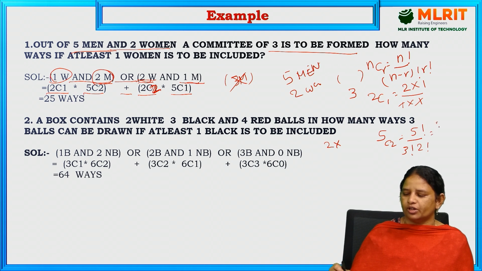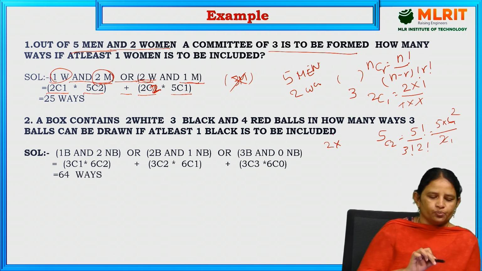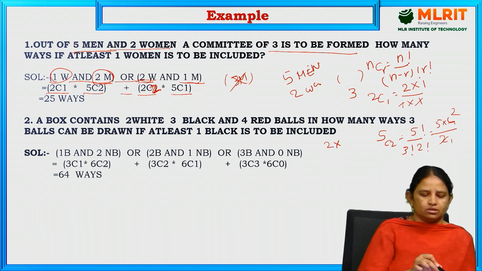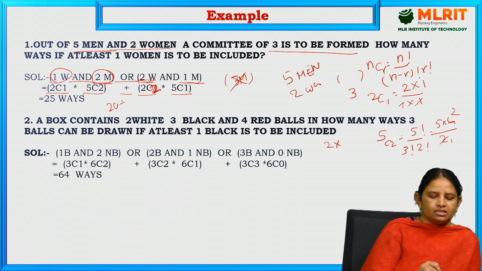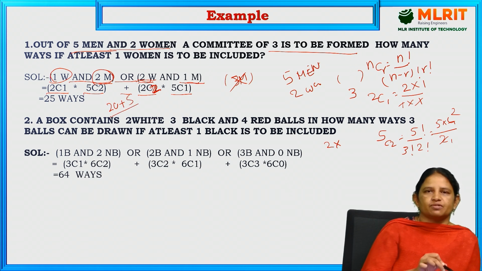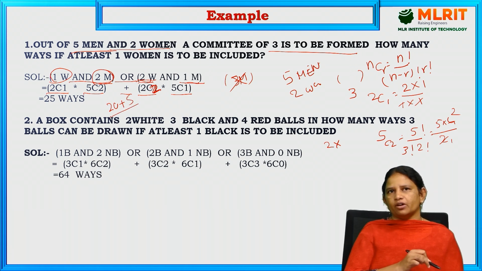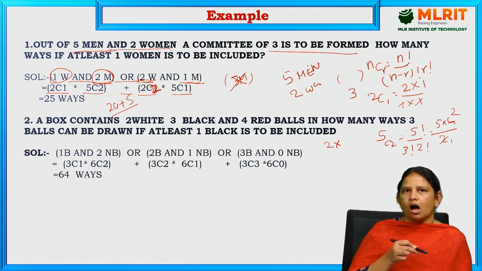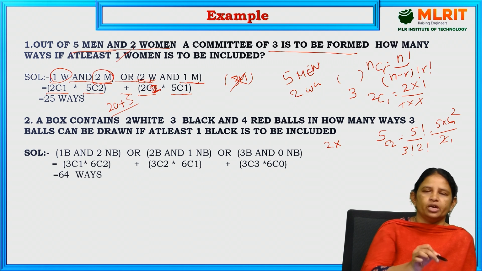So 5 into 4, the 3 factorial cancels, remaining 2, so 10. So 10 into 2 is 20. Plus 2C2 is 1, 1 into 5 is 5. That is 20 plus 5, 25 ways we can form the committee with at least 1 woman included.